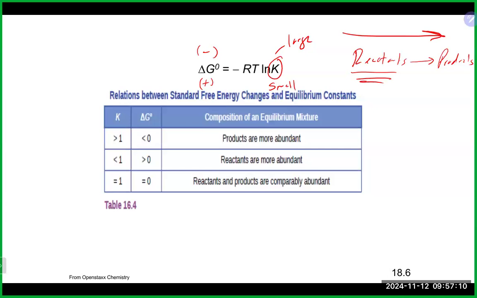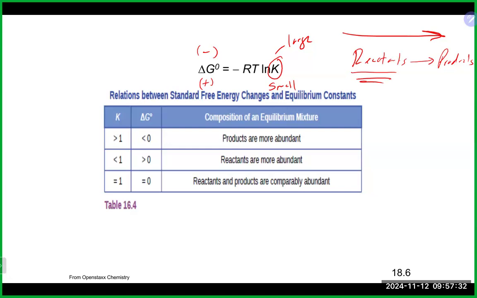And if K is equal to 1, then delta G would equal 0, and the reactants and products are comparatively abundant. But again, products are favored if we have a large K and a negative delta G, and vice versa there. If we have a small K and positive delta G, then reactants would be favored.